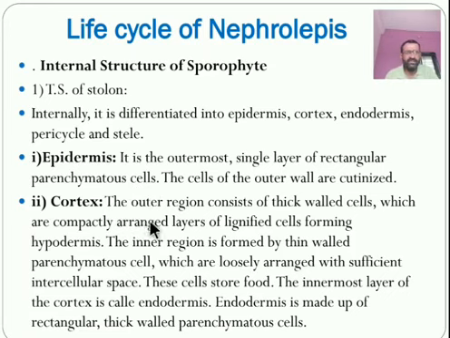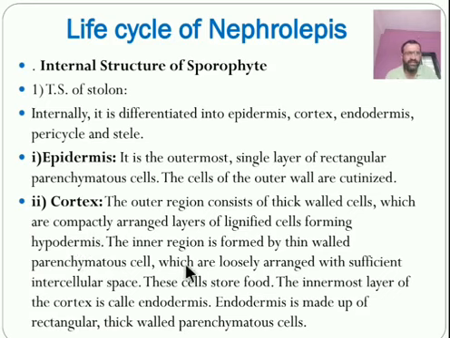Cortex, it is the outer region, consisting of thick walled cells, completely arranged as a layer of lignified cells forming the hypodermis. Beneath the epidermis and the actual cortical layer, there is a lignified layer, and that is the hypodermis.